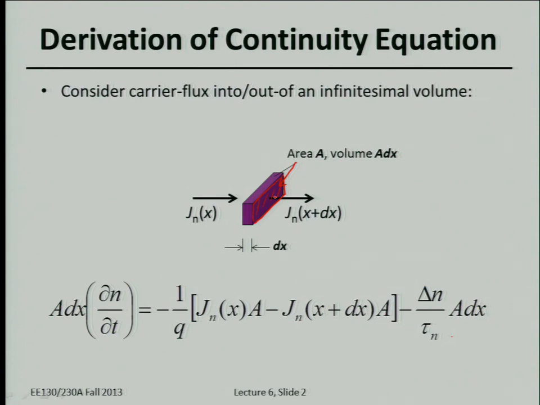So this term on the left, first of all, what is A dx? Volume, very good. That's all right. So what does that term on the left side of the equation represent? Change in something, that's good. Delta. Okay, change in something.